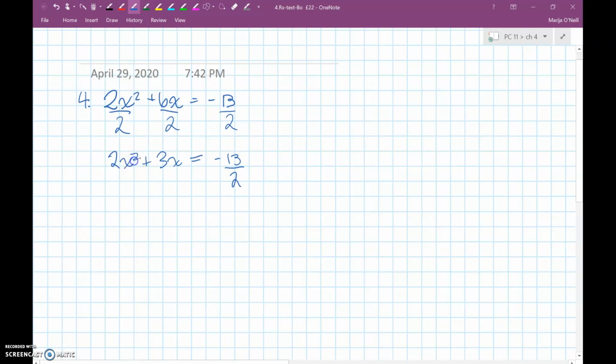To figure out what I'm going to add to both sides, I'm going to take b, divide it by 2, and square it, and that is 9 over 4. So the right answer for this question is C. I can't really read it, but I'm pretty sure it's C, 9 over 4. 9 over 4 is what you're going to add to both sides.